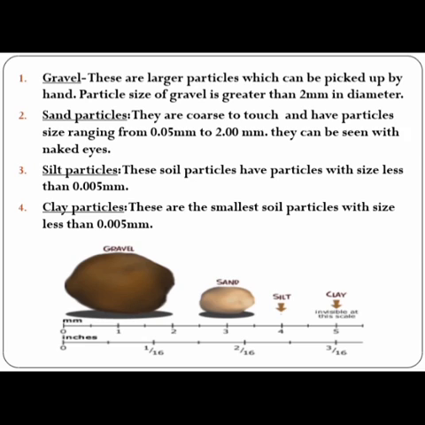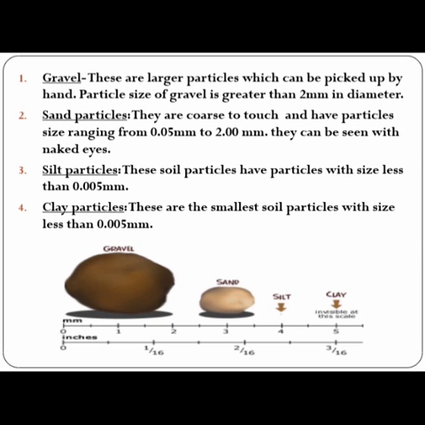Coming to sand particles, they are coarse to touch and have particle size ranging from 0.05 to 2.00, so they can be seen with naked eyes. This is also visible, sand particles, right? Silt particles have size less than 0.005, so they are not at all visible.